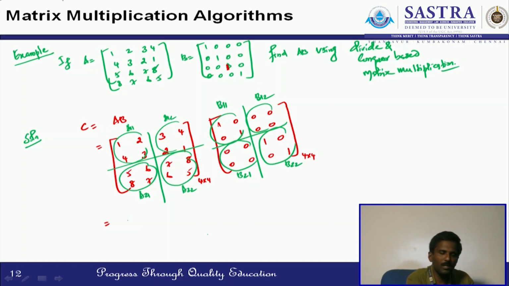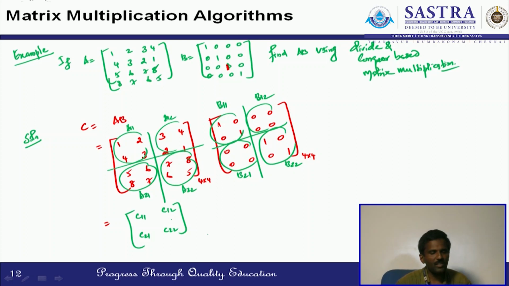Now actually we have the order in the resultant matrix C, right? That is C11, C12, C21, C22, where each Cij is a matrix of order 2 by 2.